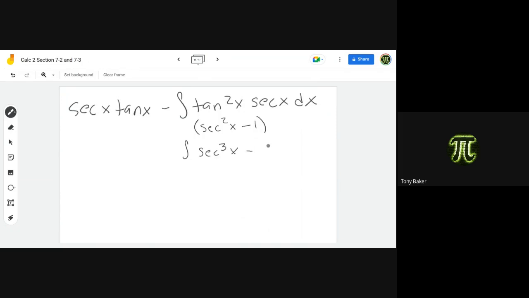minus secant x dx. Oh, because then we distribute the secant, which I then can just split up and make 2 integrals.